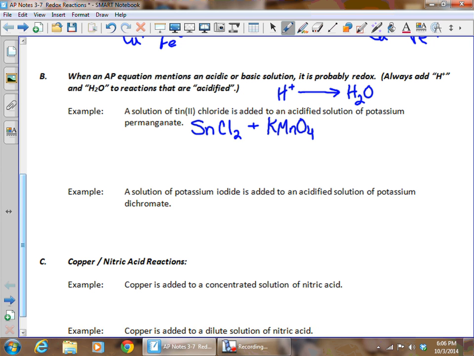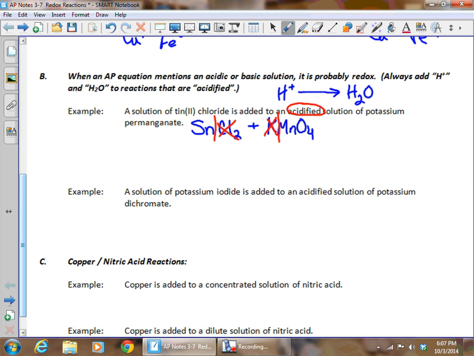So the first thing we want to do, and since we know this is going to be redox because it had that nice acidified in there, think about what normally drops out when we split these. If we split these, what do we see dropping out over and over again? Chloride, potassium.